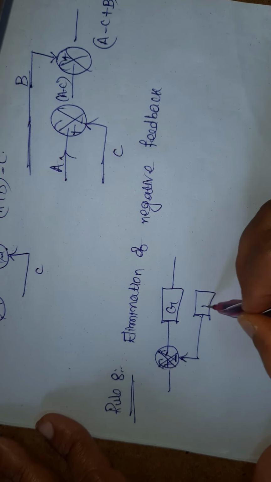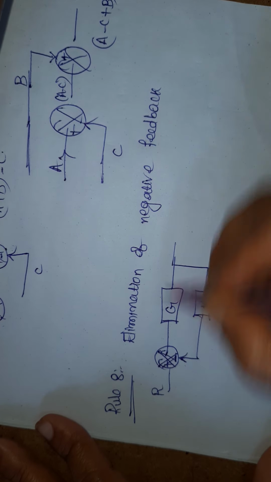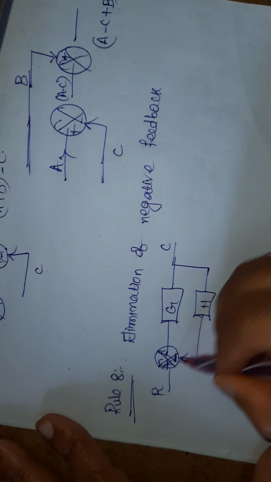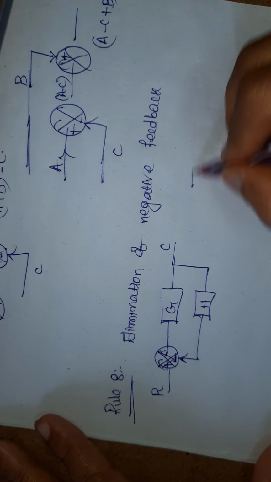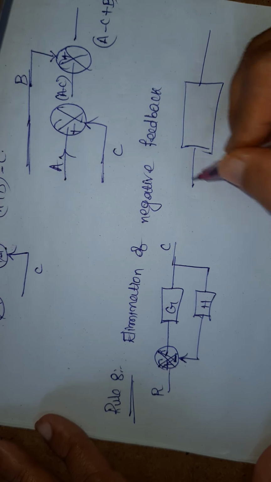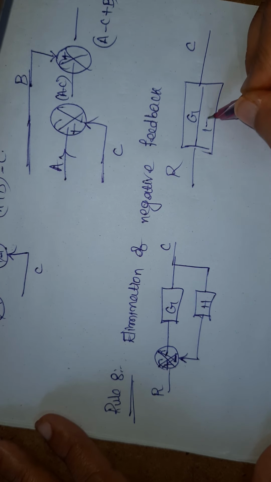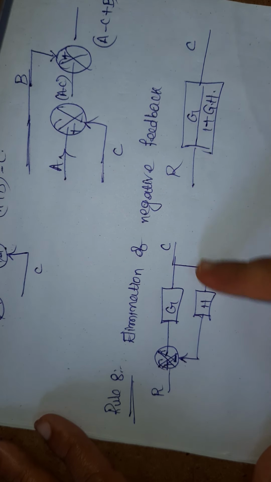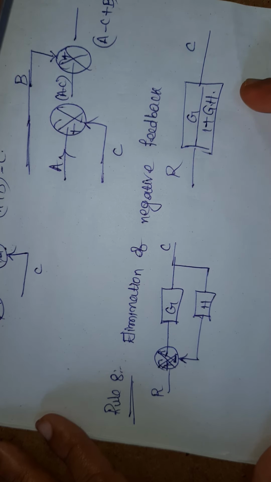This is H. This is R, this is C. I want to remove this feedback. It means I have to get only one block for C, and that is known as G by 1 plus G into H. That is nothing but the transfer function. For a closed loop control system, what is the transfer function? G by 1 plus GH.